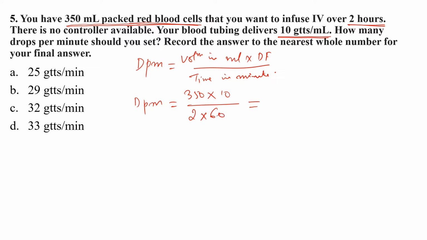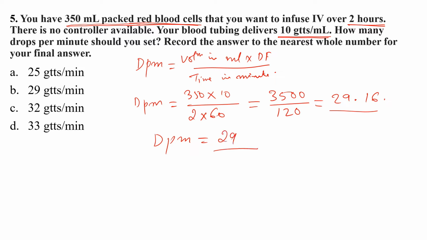So 350 multiplied by 10 we get 3500, and 2 multiplied by 60 we get 120. If we divide 3500 by 120, we get 29.16. If we round it to the whole number, it will be 29 drops per minute. So the correct option here is option B, that is 29 drops per minute.